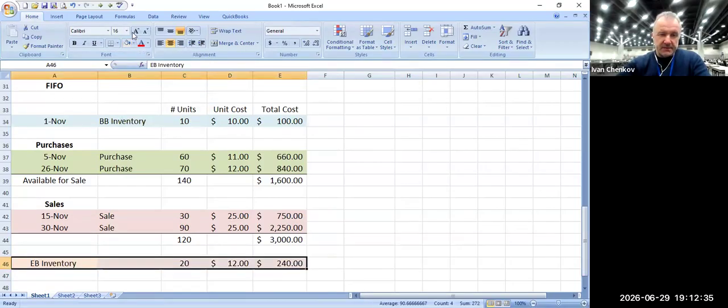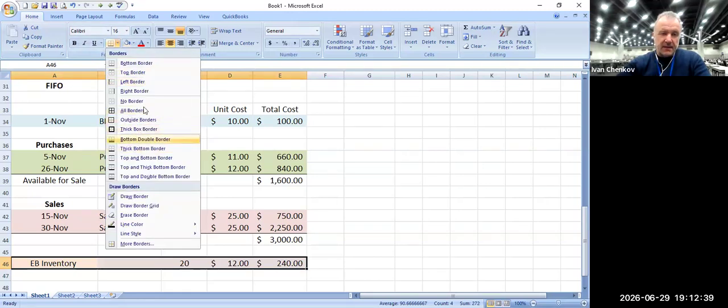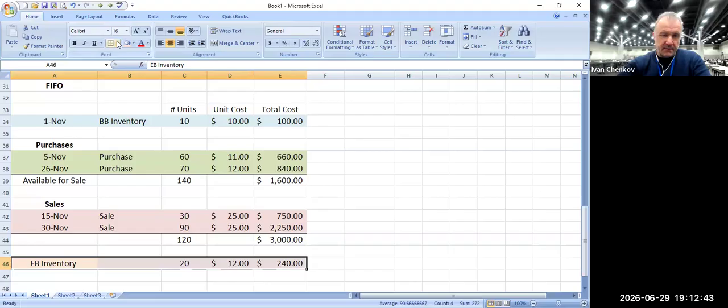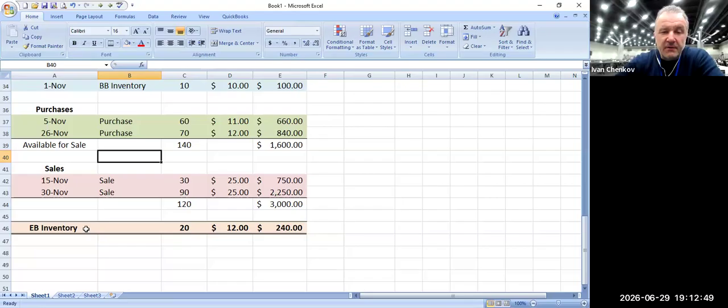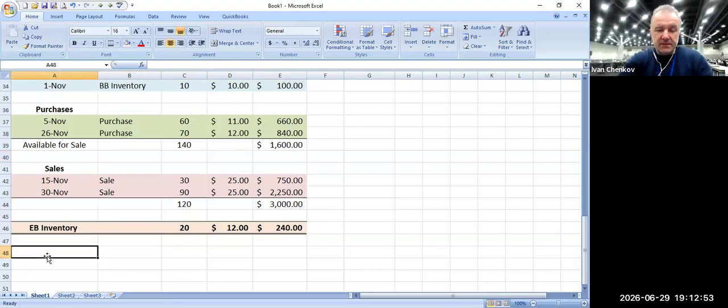Now the question is, since we have all this information, what's the cost of the inventory that we sold? How much is the cost of goods sold?